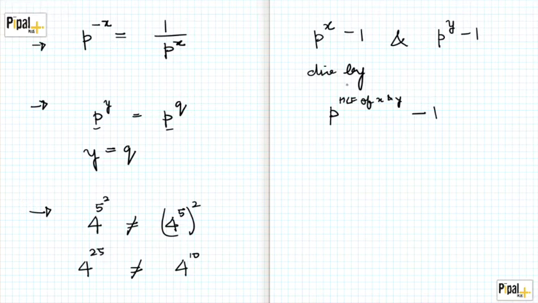In fact, this number, p to the power HCF of x and y minus 1, is actually the HCF of both of these numbers.